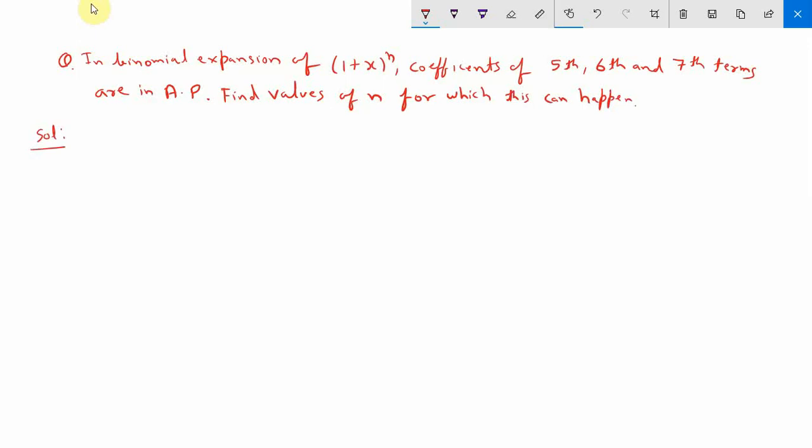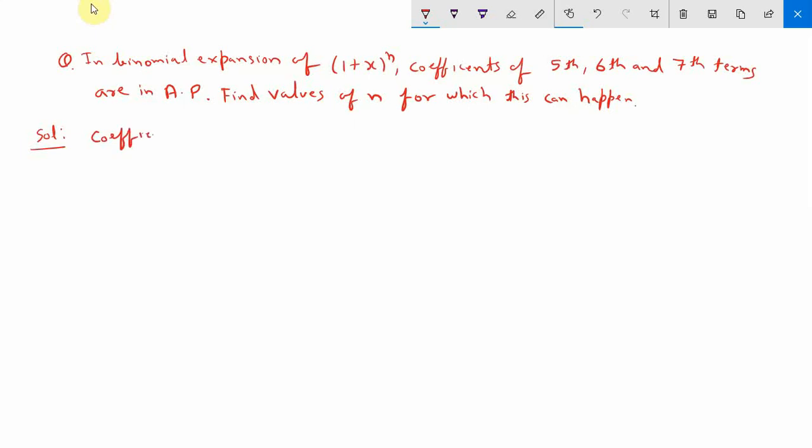See, the coefficients of the fifth, sixth, and seventh terms in the expansion of (1 plus x) to the power n are in AP. So what will be the coefficient?